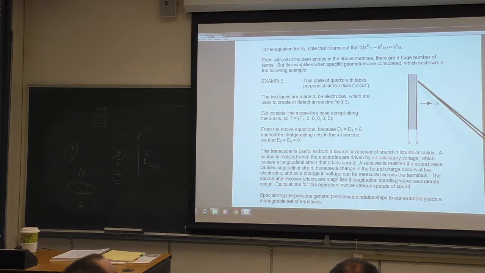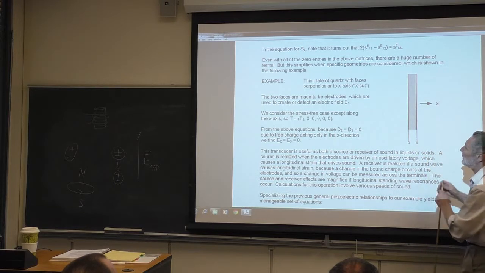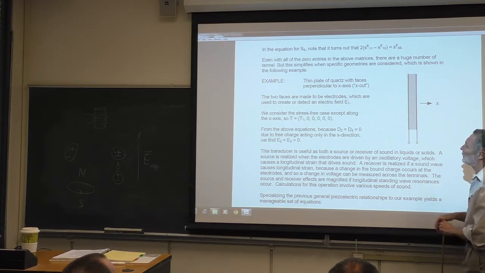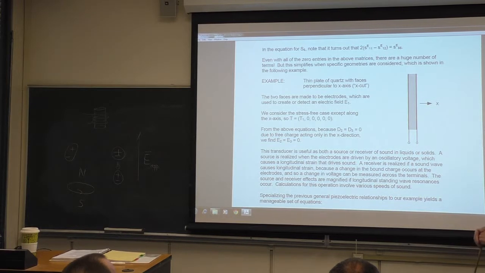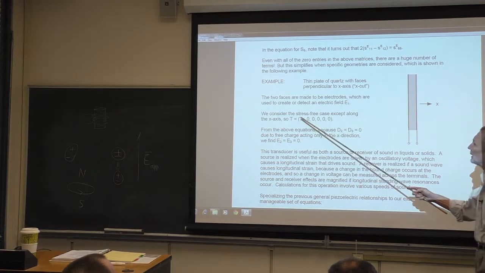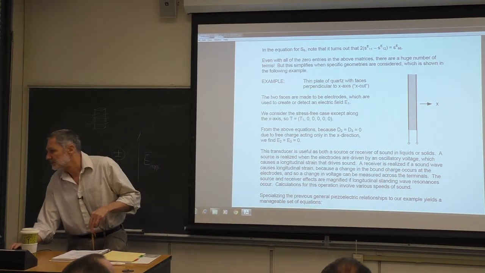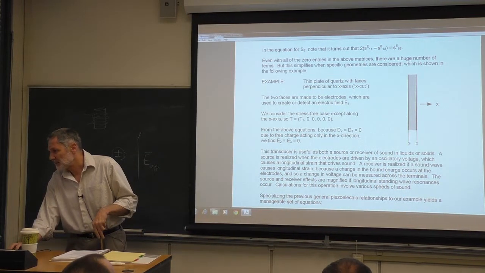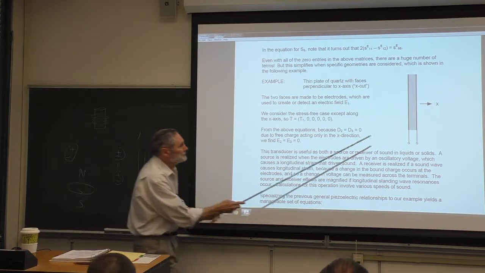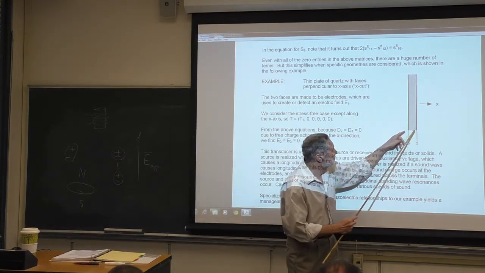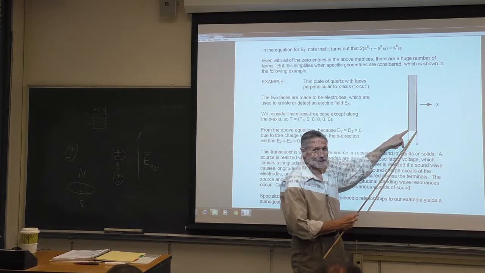So we have nice metal here, and we have wire leads connected to it. In this case, we're going to have stress-free operation, except in the one direction. Now, one thing you'll notice here that causes simplification is that we can change the free charge on here.